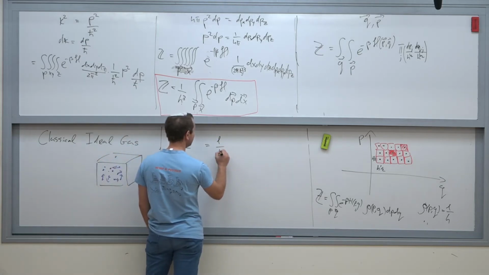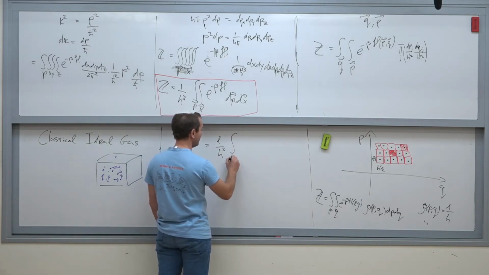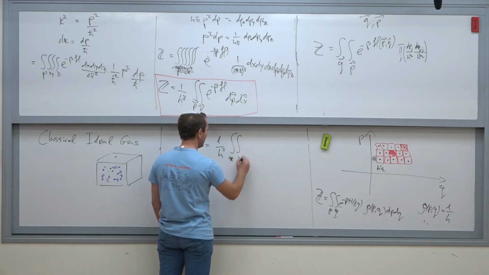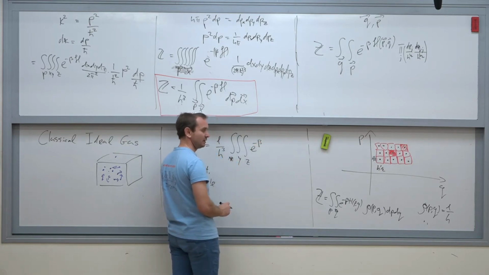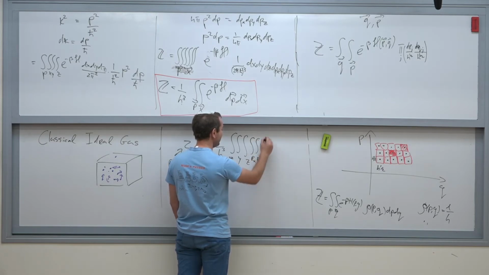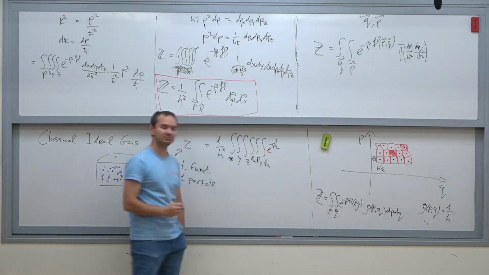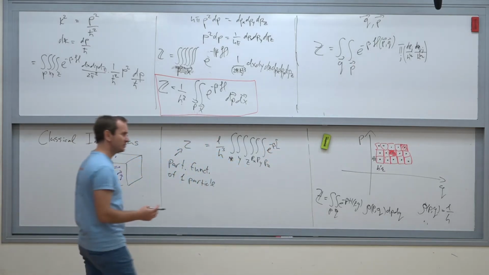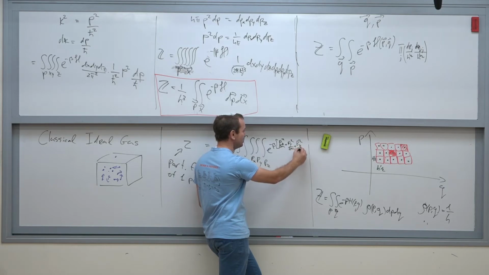It's 1 over the Planck constant to the third power, integral over x, integral over y, integral over z, integral over px, integral over py, integral over pz, e to the minus beta times the Hamiltonian. What is our Hamiltonian? Of free particles, right? So it's the energy of the particle: px squared divided by 2m plus py squared divided by 2m plus pz squared divided by 2m.